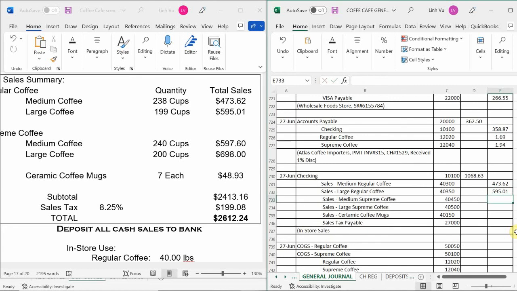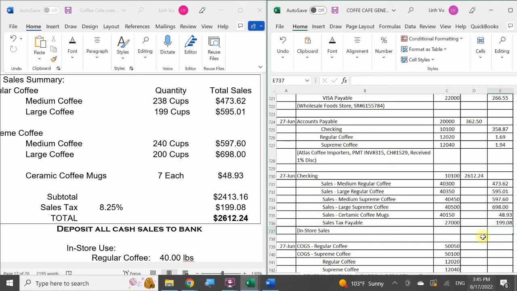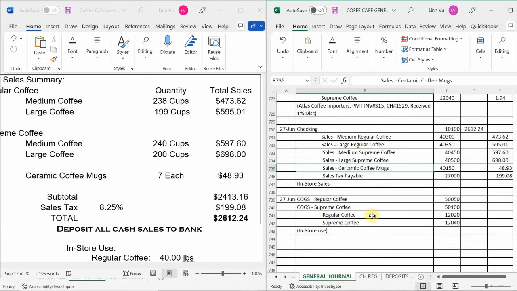Supreme medium is $597.60. Supreme large is $698 even. Mugs are $48.93. Sales tax payable is $199.08. Okay, so giving me a grand total of 2612.24. Awesome. No typos.